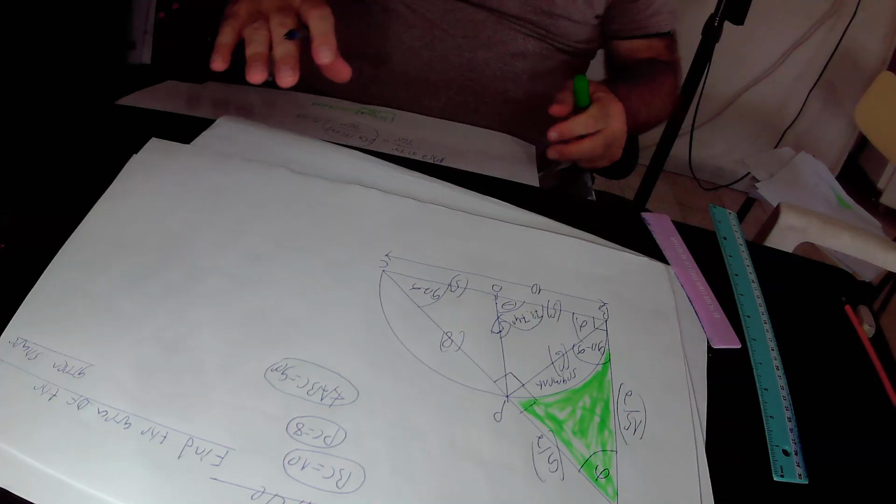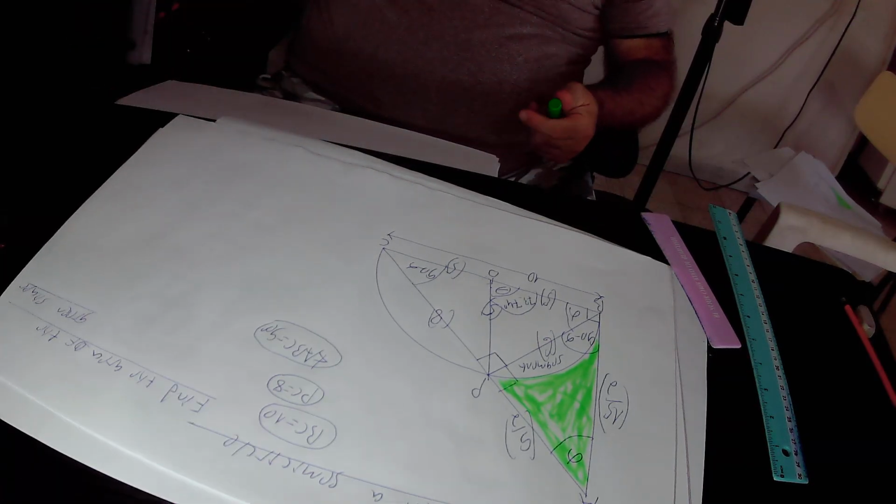Our task was to find out the area of this green shape. So what is the area of the green shape?